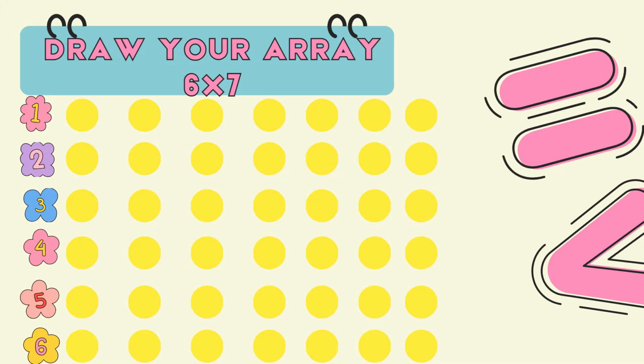Now that you have counted your dots, you know what 6 times 7 is. But we're still going to use the method that is called break it apart.